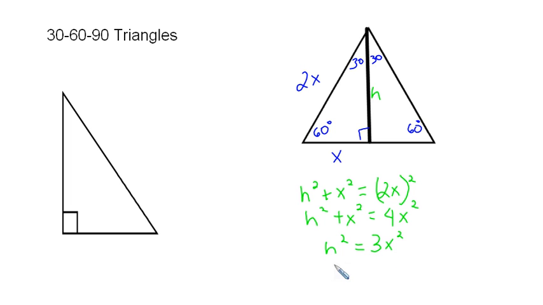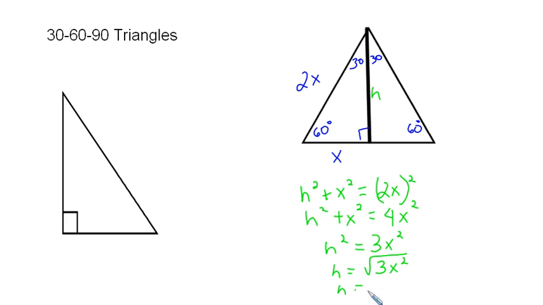And then finally, taking the square root, I'm going to have the square root of 3x squared. Now this will simplify, and I want you to notice that I'm ignoring that it would be plus or minus, because for this problem, h is the length of the side of a triangle, so we're going to ignore the negative. I'm going to simplify this by taking the square root of 3 individually from the square root of x squared.